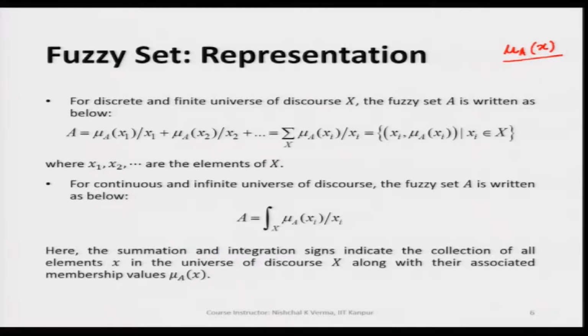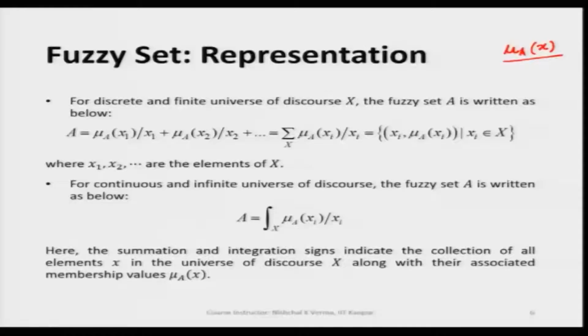In fuzzy set representation, we can write a fuzzy set either in discrete form or in continuous form. In discrete form, this is the way we write it.